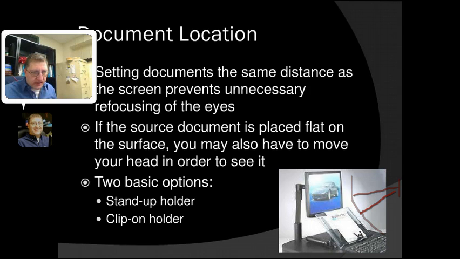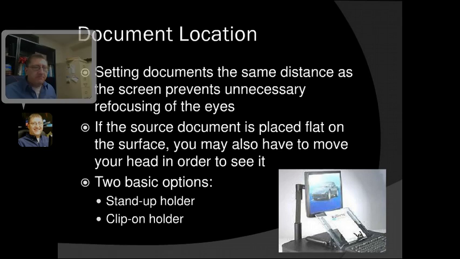And you can cast your eyes down a little bit, then up a little bit, without missing too much. Now, you'll also see documents that are very close to the screen, like here, so that they're almost an extension of the screen, and that allows you just to pan a little bit to left or right. Either way, what you're trying to do is minimize the frequent refocusing while still being able to access the document in a reasonable fashion.